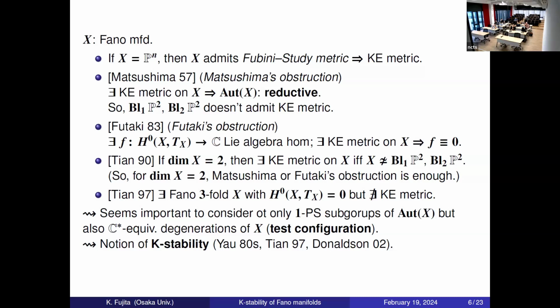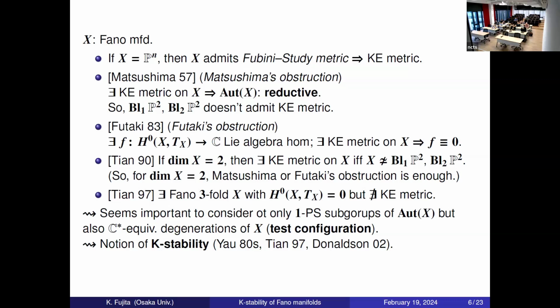Thanks to those and also many other differential geometers' contributions, it turns out that the Calabi problem strongly relates with some stability condition of the variety itself, due to Yau, Tian, and Donaldson.